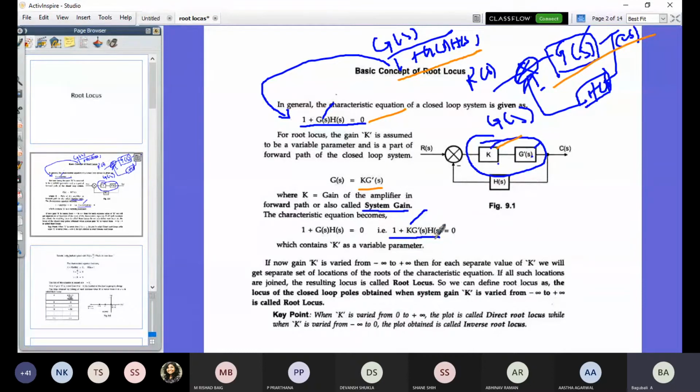We have the characteristic equation. Change the value of K from minus infinity to plus infinity. For each separate value of K, we get a separate set of root locations of the characteristic equation. If you join all such locations, we get the plot, called the root locus plot. Any doubt on that point?